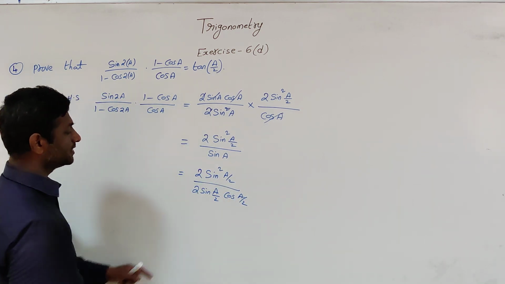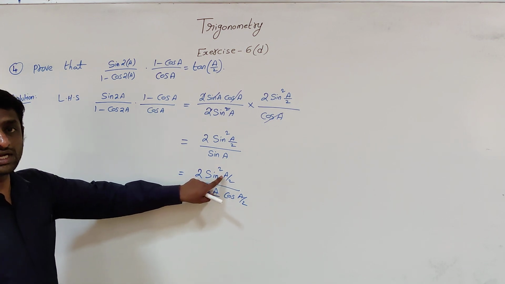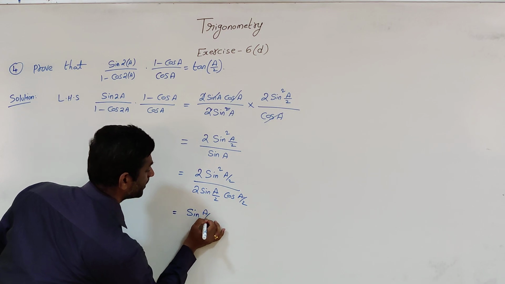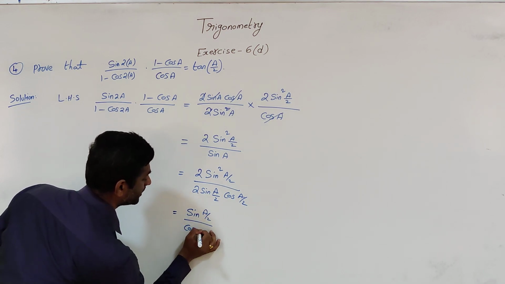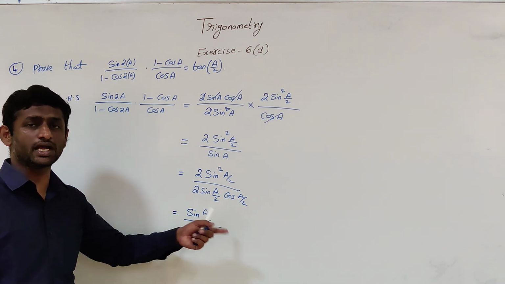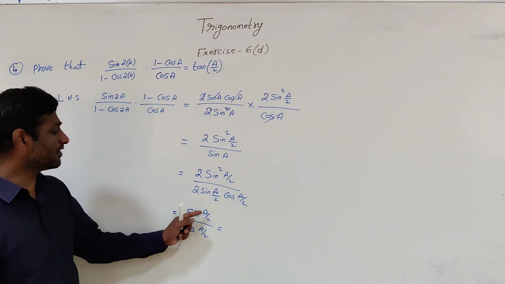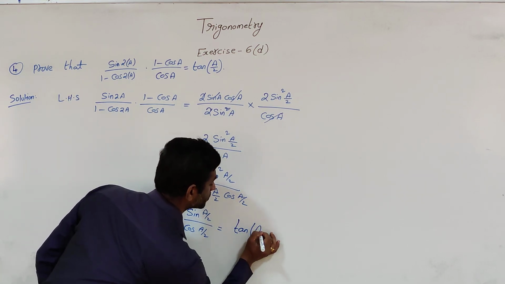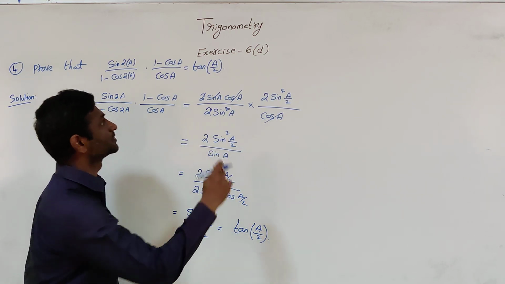So 2 gets cancelled, and one sine of a by 2 gets cancelled. So it will be sine a by 2 by cos of a by 2, which is like sine theta by cos theta, that is tan theta. In the same way, sine of a by 2 by cos of a by 2 will be tan of a by 2. So that is the RHS.